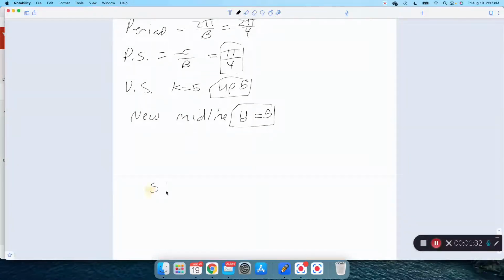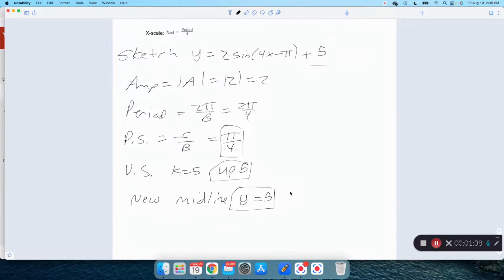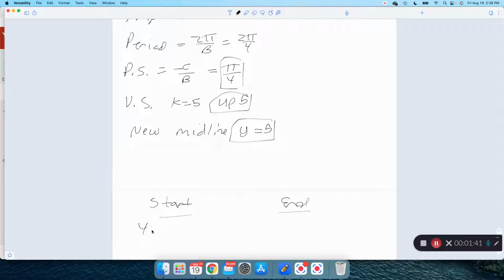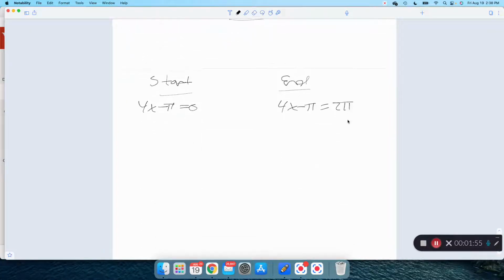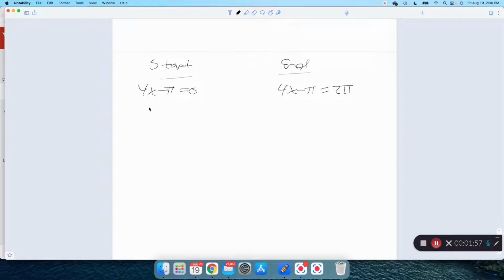Okay, we do start and end. Inside equal to 0, so 4x minus pi equals 0, and 4x minus pi equal to 2 pi. For sine and cosine, secant and cosecant, it's always the same. Inside equals 0, inside equals 2 pi. So this guy is easy. We get 4x equals pi.